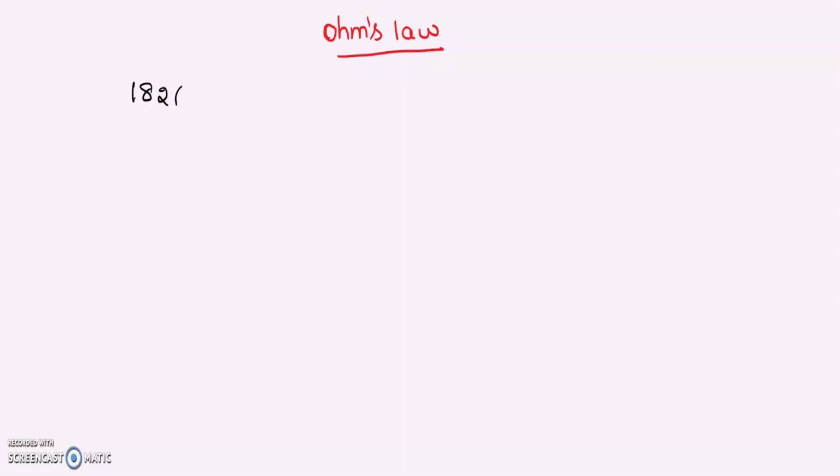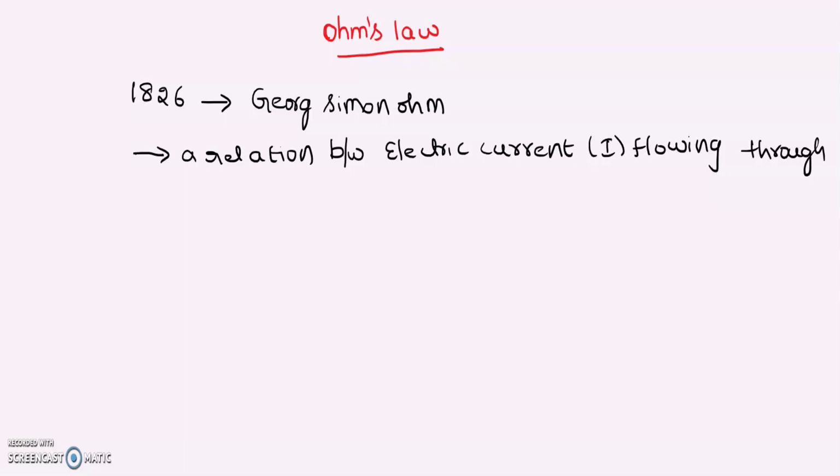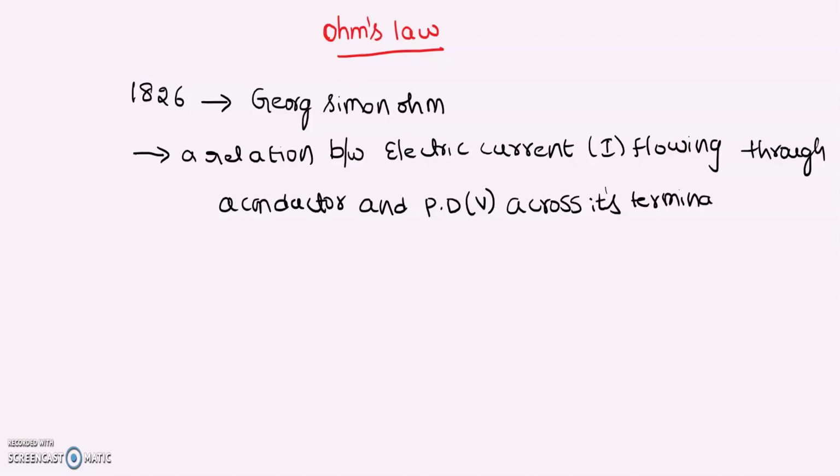In 1826, a German physicist George Simon Ohm, by his experiments, established a relationship between electric current I flowing through a conductor and potential difference V across its terminals.